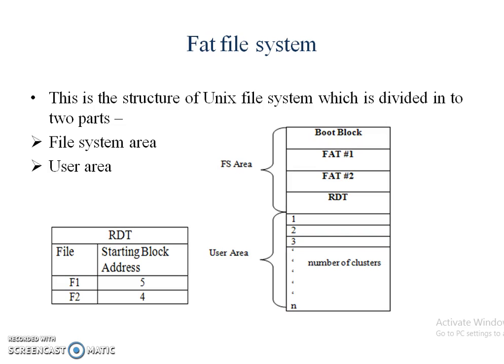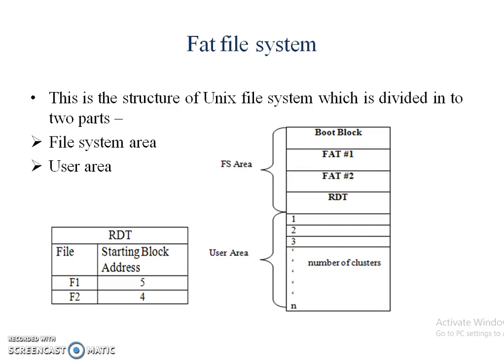There are two copies of the file allocation table, that is FAT1 and FAT2, and an RDT. It is also divided into two parts: file system area and user area. All the operational things, that is boot block, FAT1, FAT2 and the root directory table, reside in the file system area, and the user file area is free.